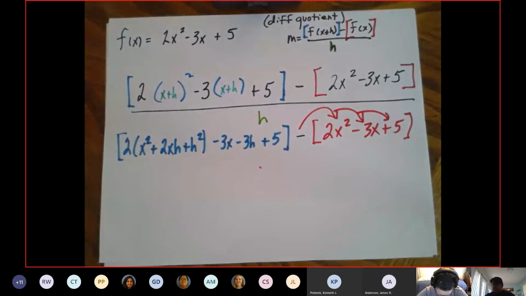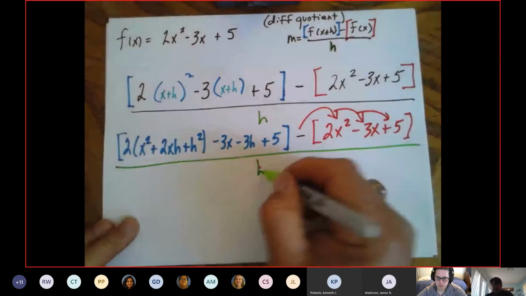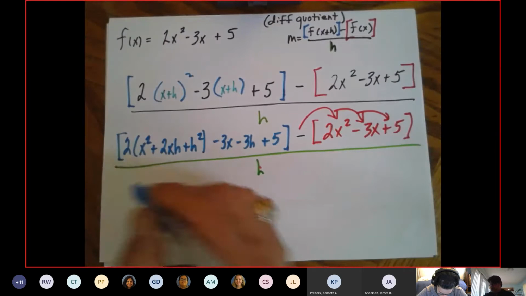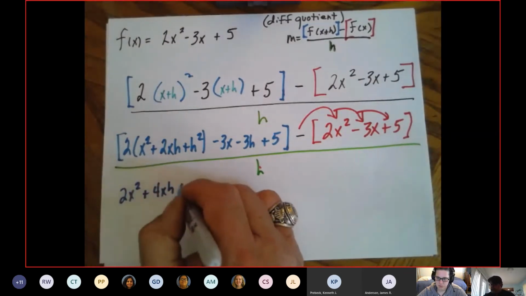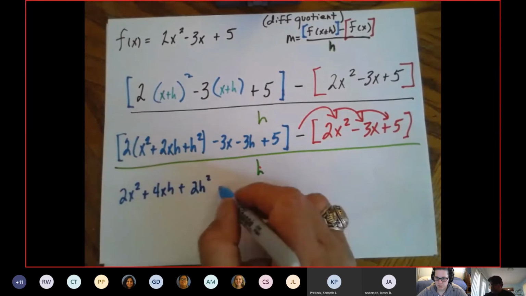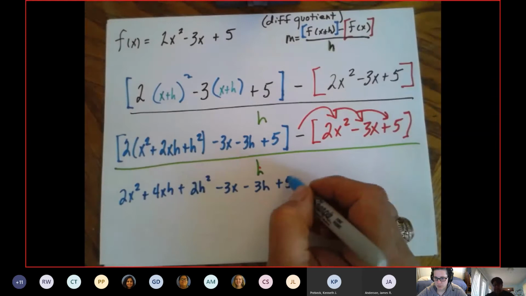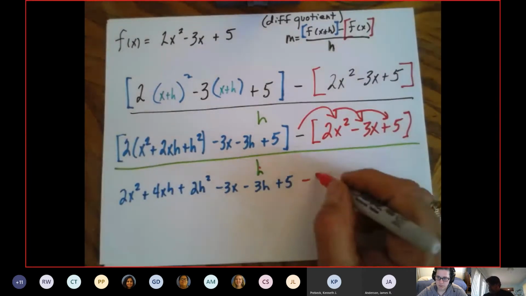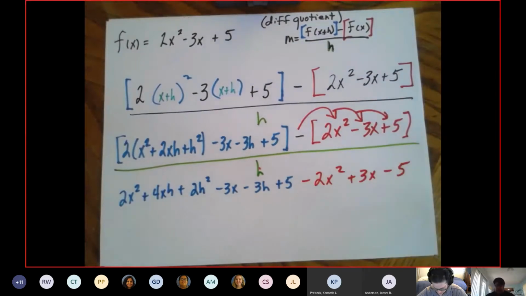And the h is on the bottom. The h is really not significant right now. So that's going to give us 2x squared plus 4xh plus 2h squared minus 3x minus 3h plus 5, minus 2x squared plus 3x minus 5, all over h.